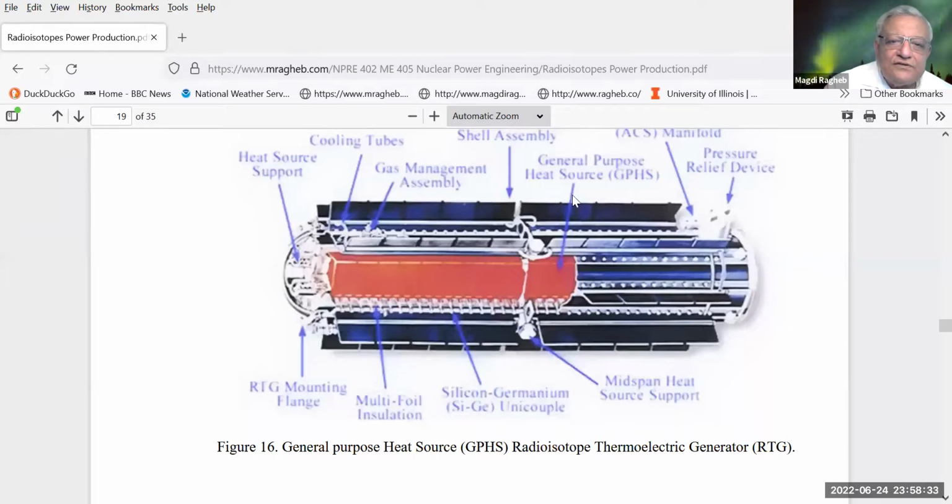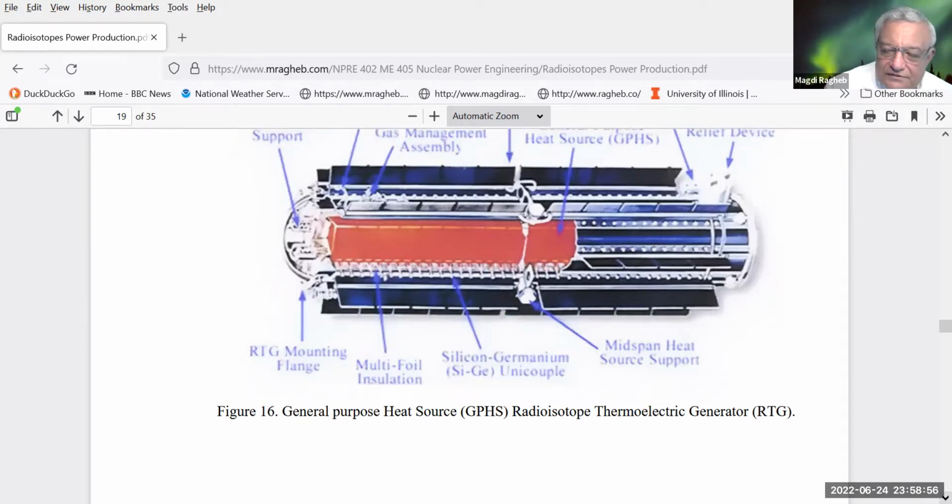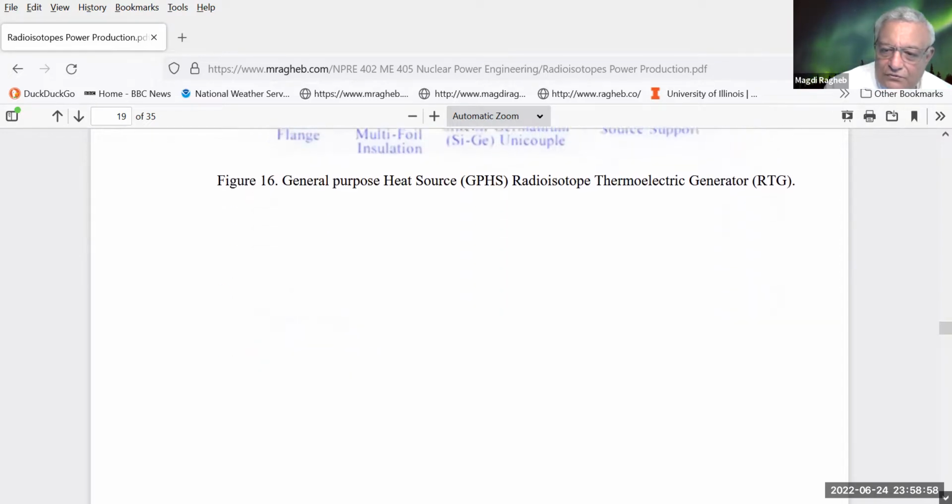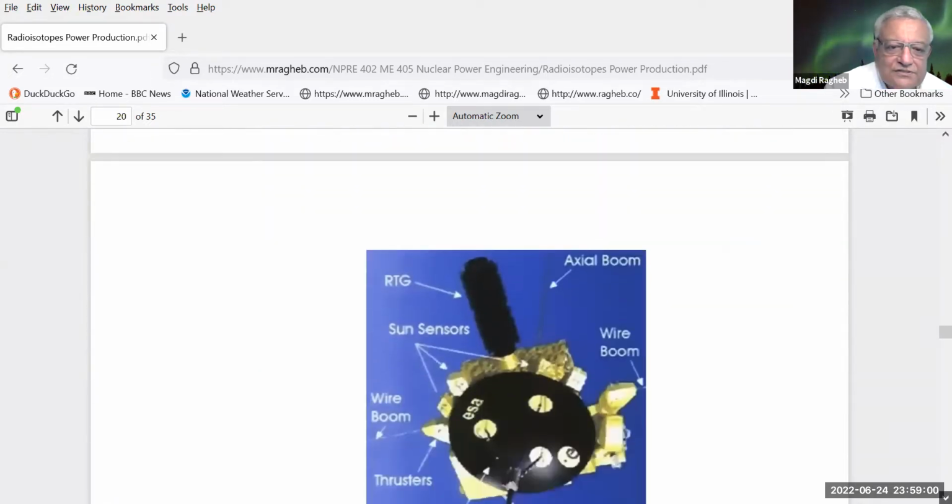So that would be the heat source here, plutonium-238. And you notice again the characteristic fins that are rejecting heat to the vacuum of space. Radiation works in a vacuum to dissipate heat. On Earth, we have the air, so it is not radiation anymore, but convection that is used to dissipate heat when you use fins, say on water-cooled motorcycle engines.